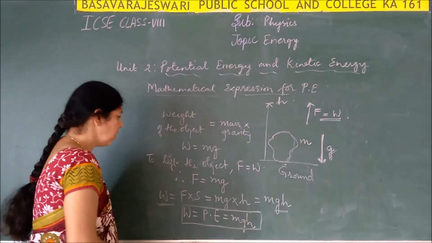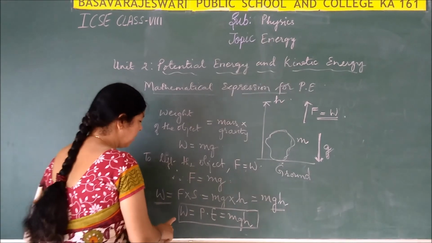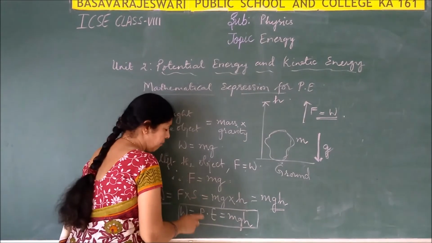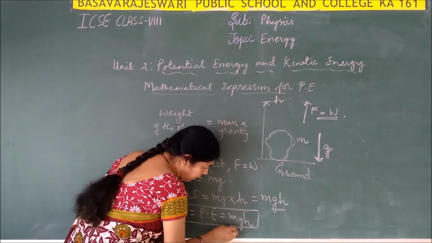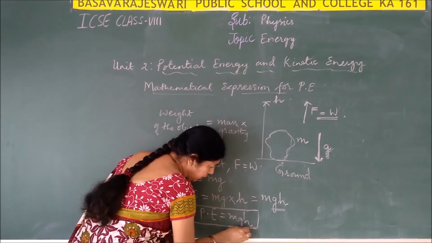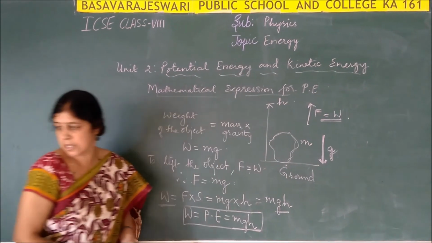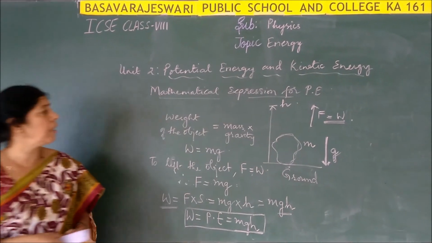Okay. So remember, work done on this body will be equal to potential energy. It is given by the product of weight of the body and the height to which the body has to be raised. So finally what can we conclude?